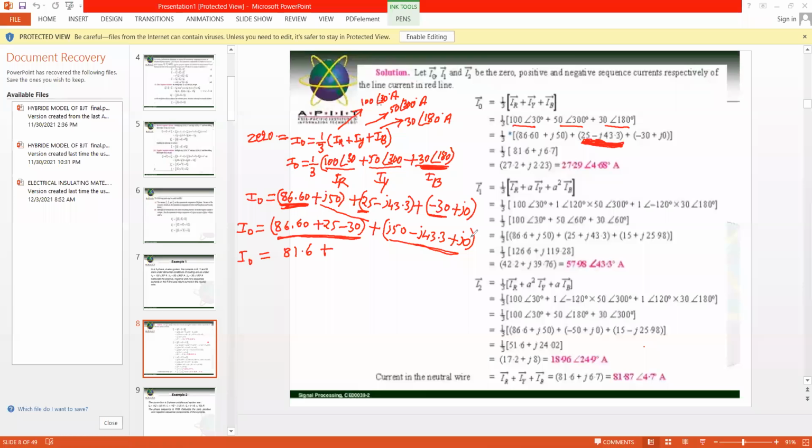So j0 becomes 0. So here how many j? 50 minus 43. How much? 6.7. Very good. j6.7. So this is the current.